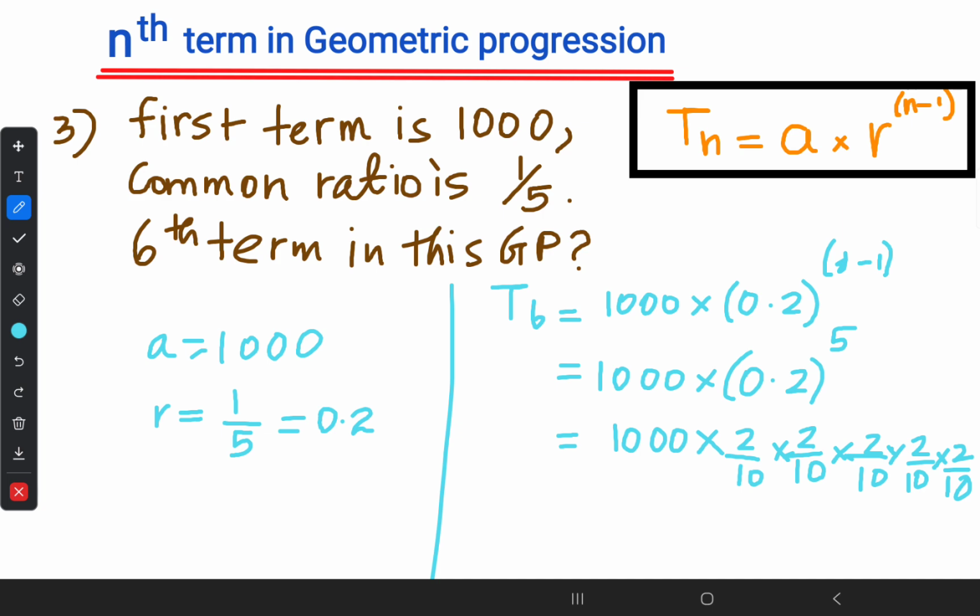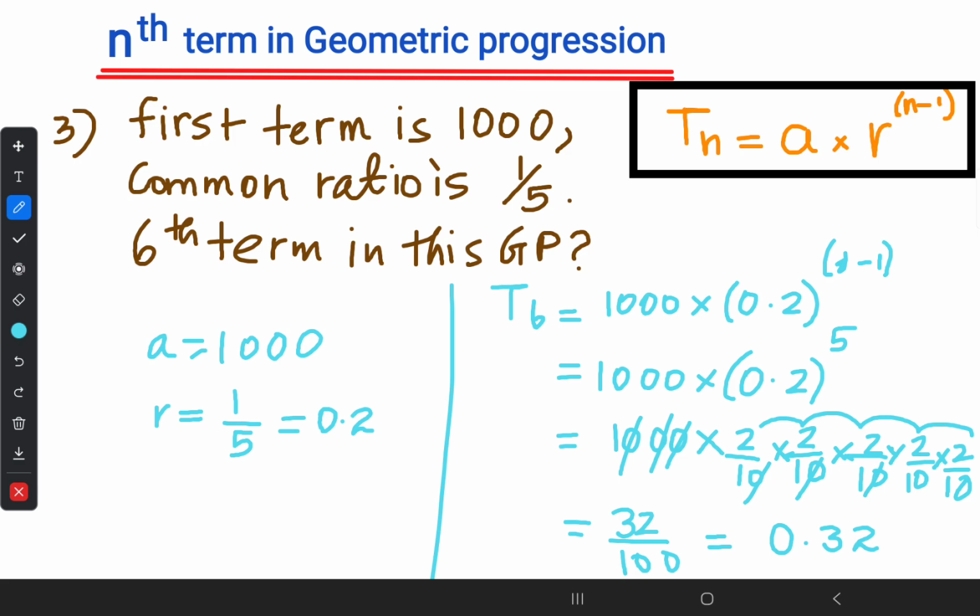Thereafter we can simplify. Then we will have 32 divided by 100 in denominator. 2 twos are 4, 4 twos are 8, 8 twos are 16, 16 twos are 32. In denominator 10 tens are 100. So finally you will have 0.32. This would be the sixth term.